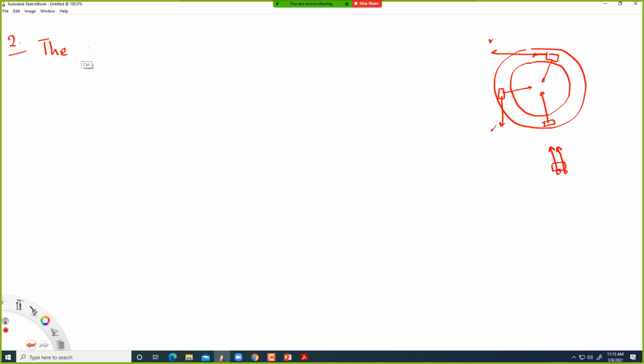So here the car's tires keep the car in the circular track. It's a circular motion.